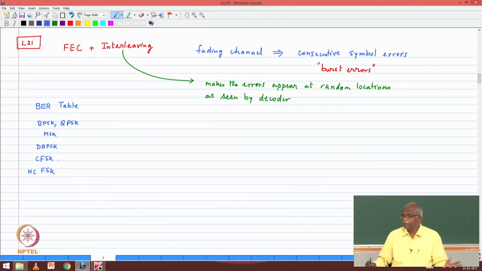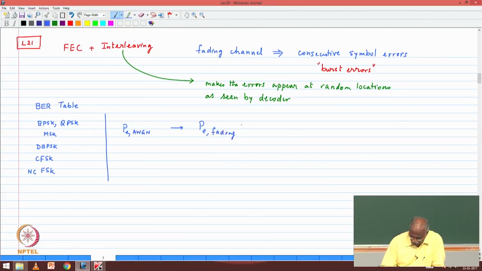Basically there was a table, and in each of those cases, what we wrote down is the probability of error in an AWGN channel. Usually it's a form of an exponent or a Q function. From that, we derived the probability of error in fading, and from there we wrote down the asymptotic behavior at high SNR.